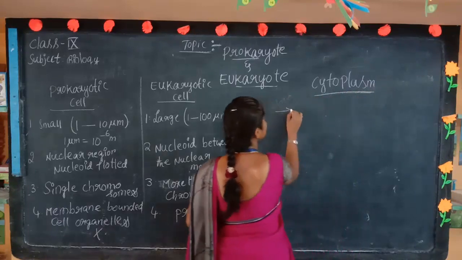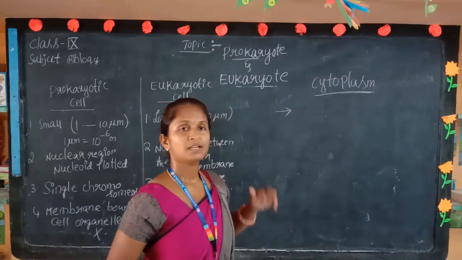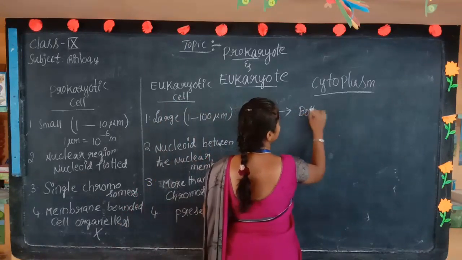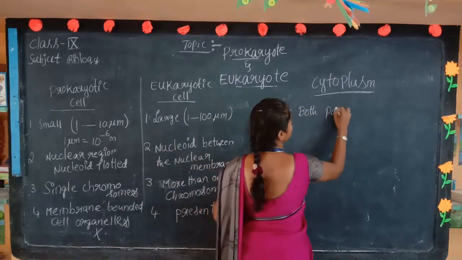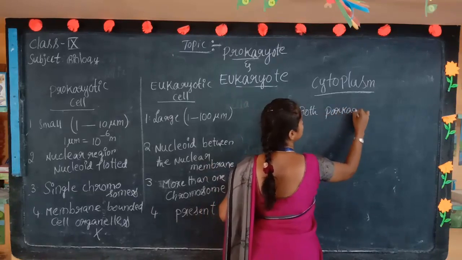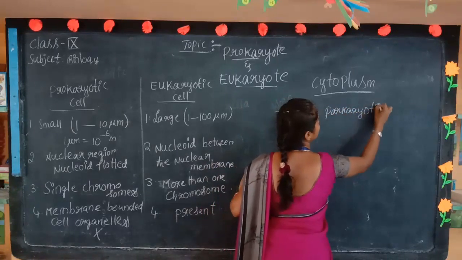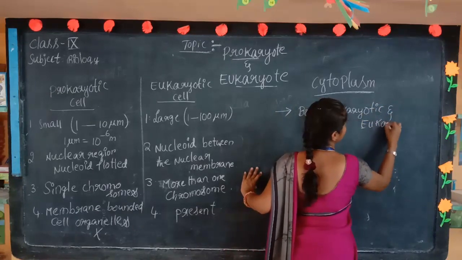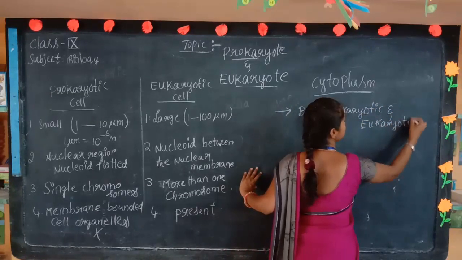What are the characteristics of the cytoplasm? This cytoplasm will be present in both prokaryotic and eukaryotic cells.